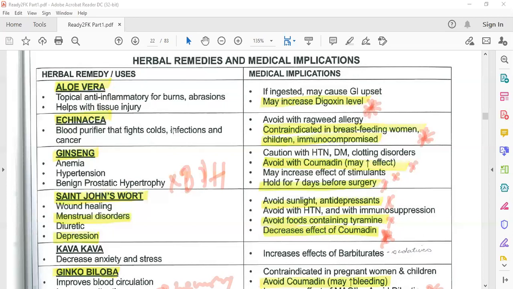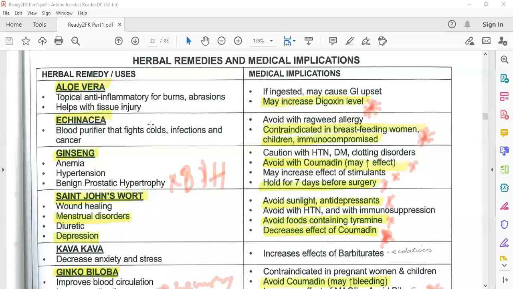But there are some contraindications. What are they? The most important one: if your patient is pregnant or the mother is breastfeeding, pregnant and breastfeeding women are not allowed to take Echinacea, right? Because it has side effects like liver toxicity or renal toxicity.